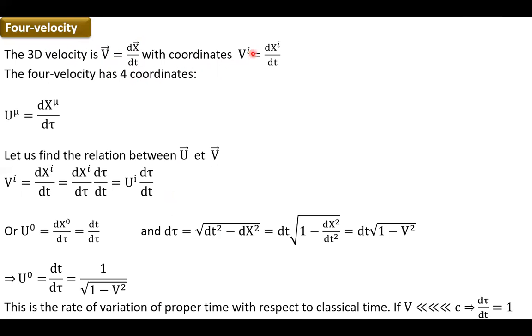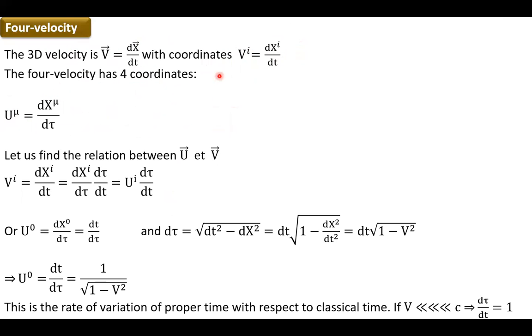The 3 coordinates from 1 to 3 are the vi's, which are equal to dxi over dt. So it's dx1 over dt, dx2 over dt, and dx3 over dt. The 4-velocity has 4 coordinates. So the u mu, the coordinates of the 4-velocity, are dx mu over d tau: dx0 over d tau, dx1 over d tau, dx2 over d tau, dx3 over d tau.